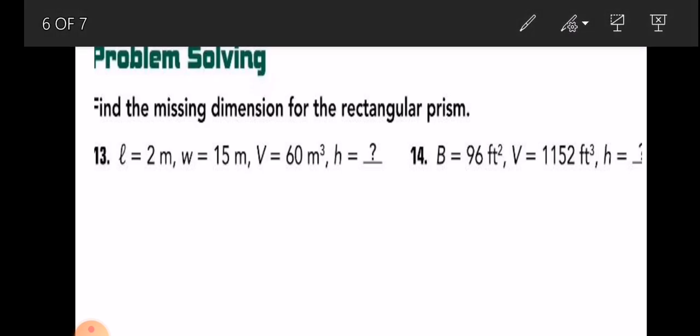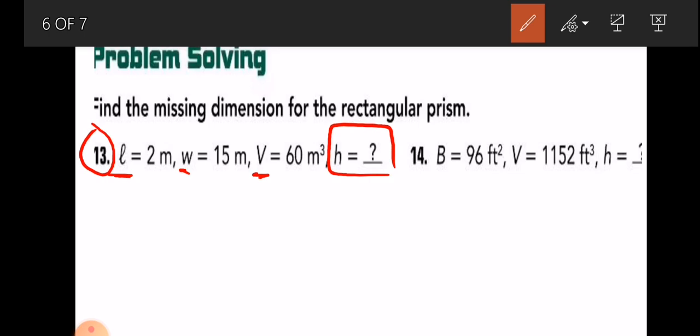Let's see another question. Find the missing dimension for the rectangular prism. Question number 13. I have the length, I have the width, I have the volume, and the height is missing. How to find the height if any one of them is missing, like the length, the width, the height? How can I find it?